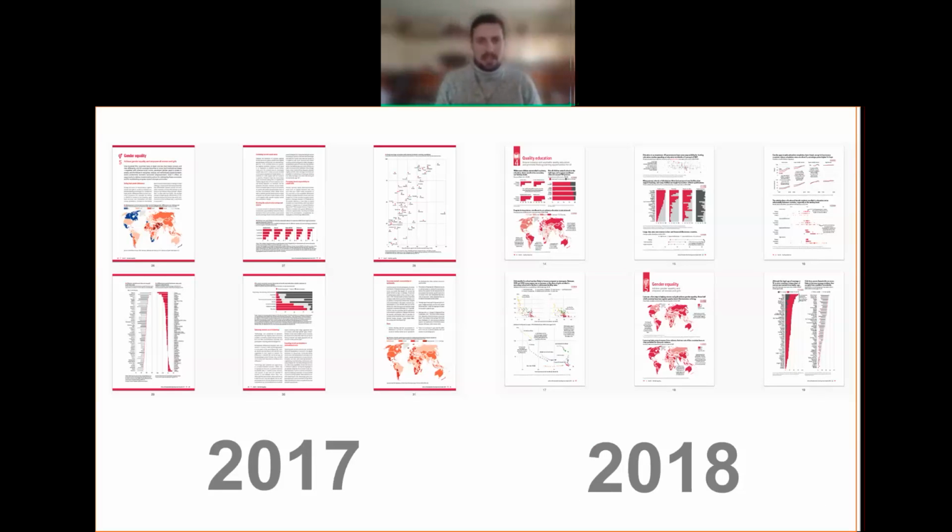And you can see that even though the visual look and feel of both reports are mostly the same, all those blocks of prose that were there in the 2017 version pretty much disappear from the 2018 version. And we're able to do that through a heavy use of annotations, which I will come back to talk about further in the presentation.